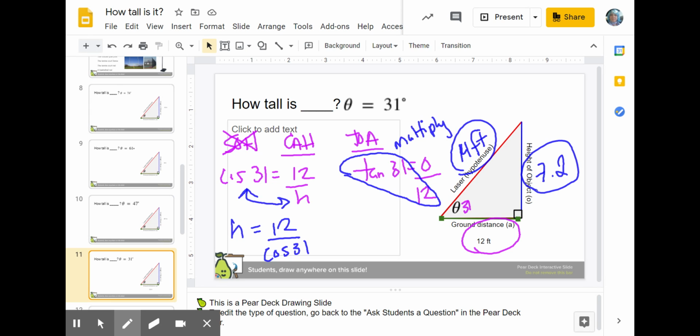So do we want to keep working together or you want to go into breakout rooms? Together, together, together. Okay. So only in the pear deck, or only in the slides. It doesn't matter to me where you show the work, whichever way is easier.